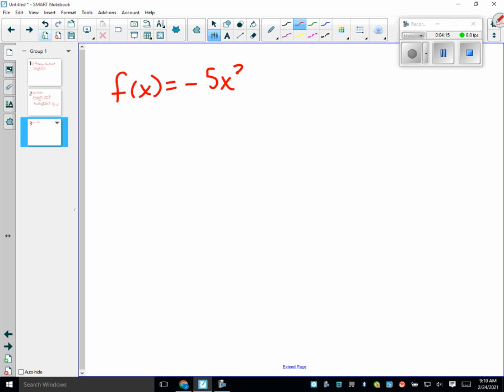F of x is equal to negative 5x squared minus 4x plus 2. That's f of x. Okay. For the difference quotient, what do I do first? In place of x, what do I put? X plus h, right?